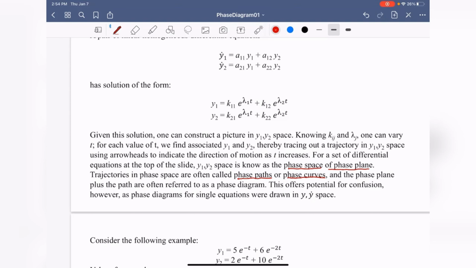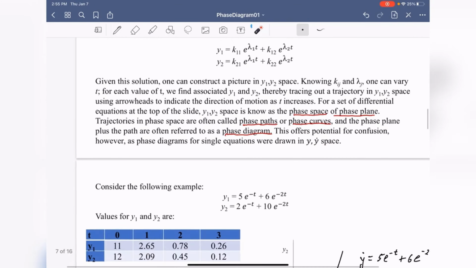And the phase plane plus the paths are referred to as the phase diagram. So we have this phase diagram here, and that's what we're going to be drawing in y1, y2 space. This offers potential for confusion, however, as phase diagrams for single equations were drawn in y, y dot space. So now we're going to convert to y1, y2 space, and we're going to leave out the y dots.